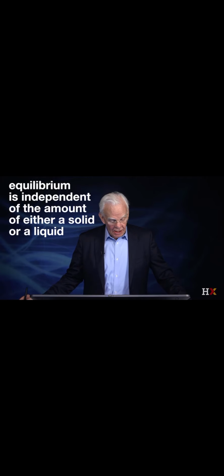Now, we can also look at very important equilibrium reactions between cations and anions in solution. And this turns out to be very important for biological systems. In this case, silver chloride, when we put it in water, breaks up into the silver cation and the chloride anion.